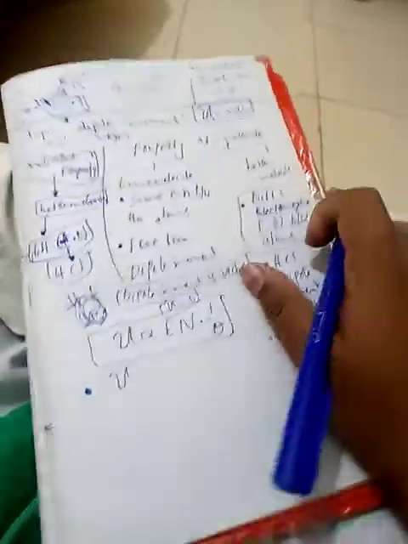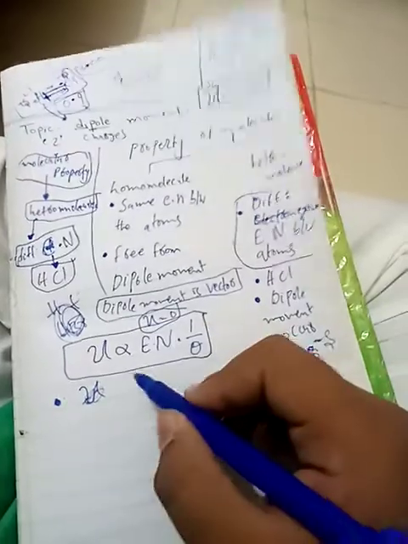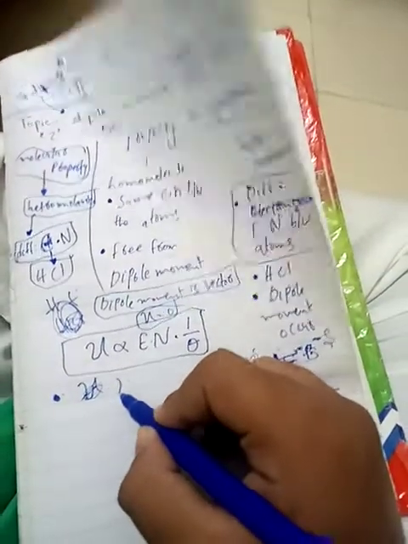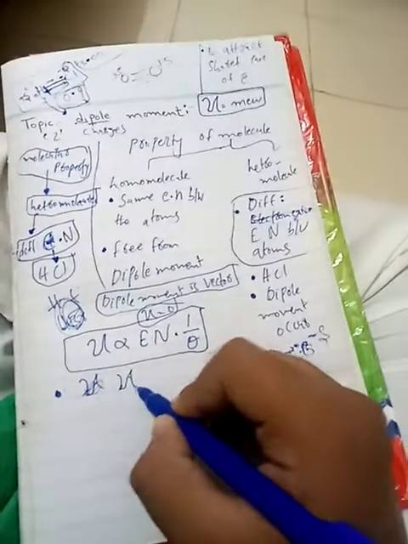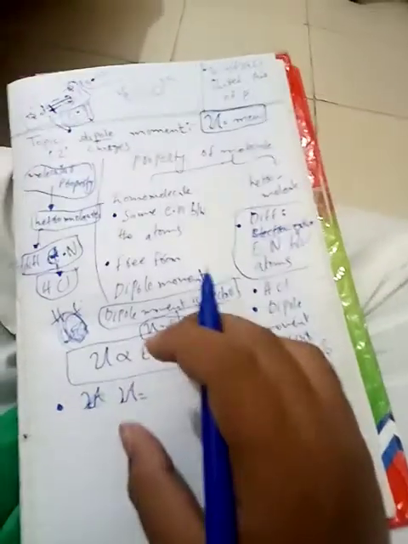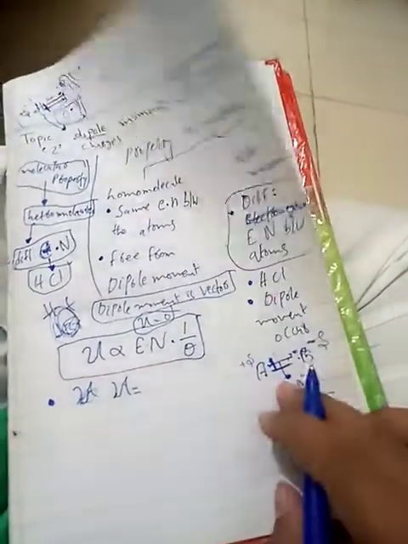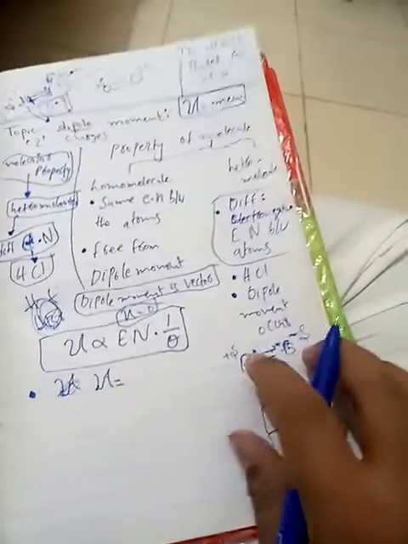Let's look here. Okay, so now let's move on to the example. First of all, I need to derive the formula. Dipole moment involves distance and the magnitude of charges.